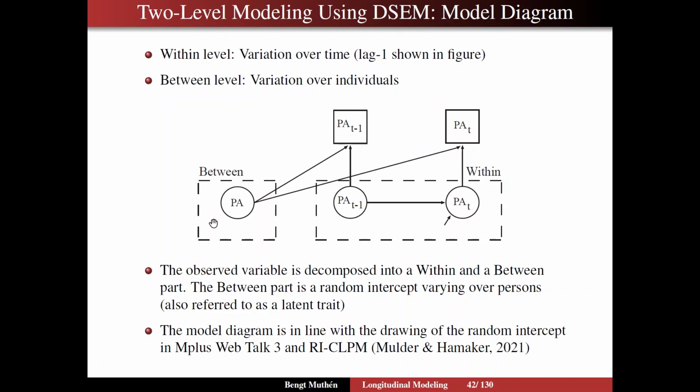So let's step back for a second and ask ourselves, what's different in this drawing from the regular two-level drawings that I showed in previous slides? Well, first of all, we have 2 time points drawn, which just exemplify a sequence of time points. It's just a slice of time. We draw the adjacent time points.